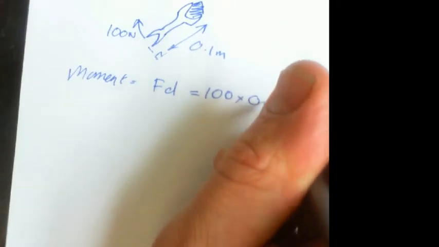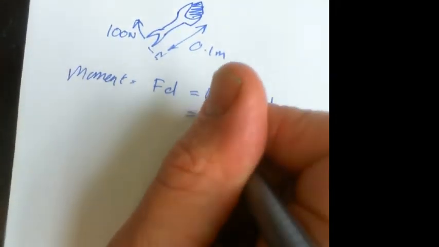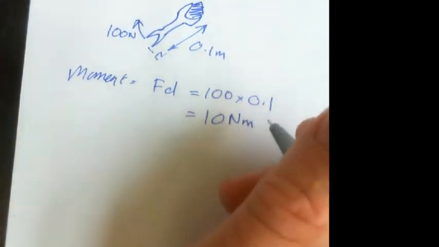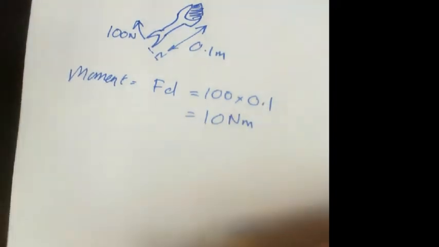So that means that my moment equals force times distance, which is 100 times 0.1, which equals 10 Newton meters.